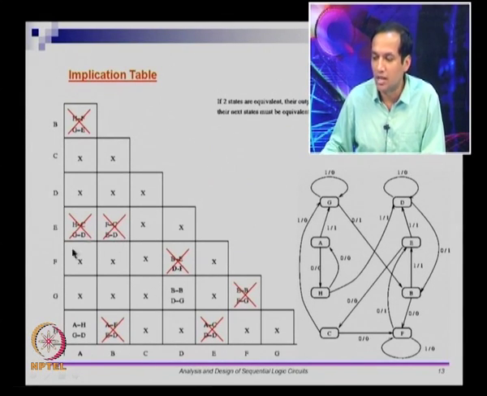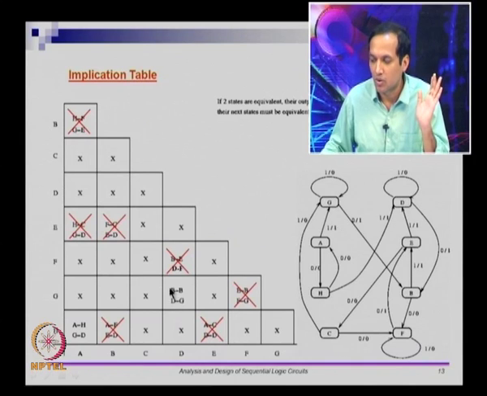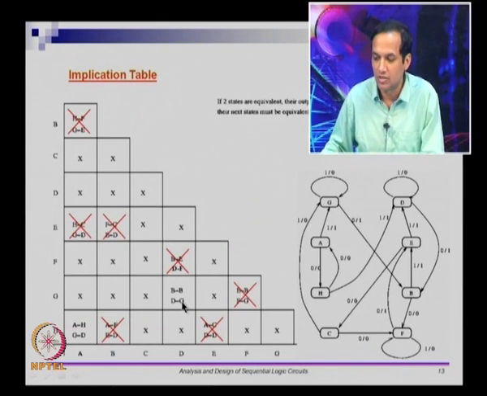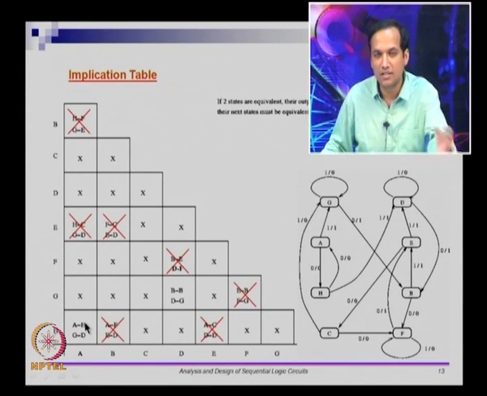Now, let us go and look at the table once more. B is equivalent to B and D is equivalent to G, which means there is no precondition anymore. B is equivalent to B is trivially true. For D and G to be equivalent, I want D and G to be equivalent. So, that is a tautology, it is always true. Now, let us come back and look at this. For A and H to be equivalent, A and H should be equivalent, it is trivial.